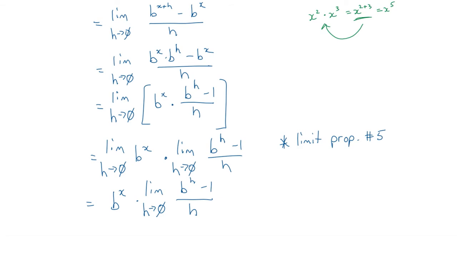Okay, so now what can we do? We've gotten it this far. If you think back to when we did other derivatives from first principles like this, we were able to rewrite the entire thing in terms of something that we could recognize. So who recognizes this limit?